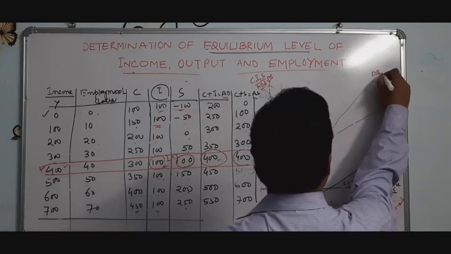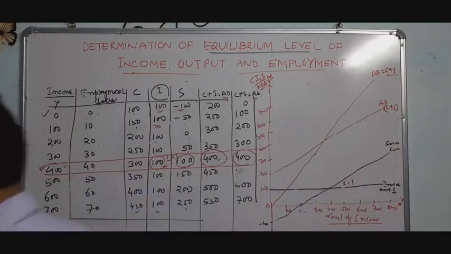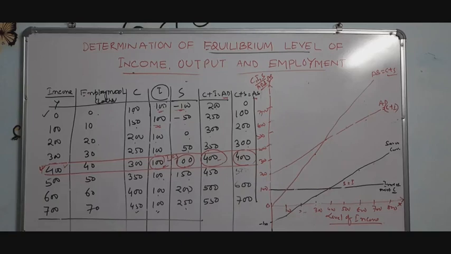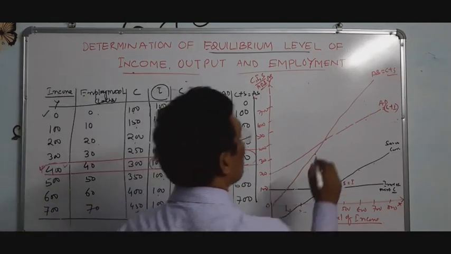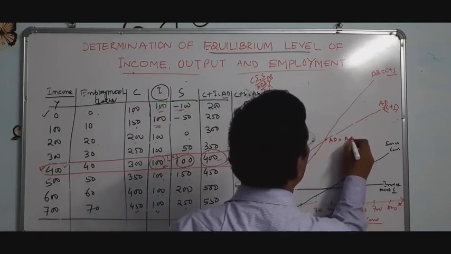The aggregate supply curve, which is that consumption percent. I draw here two lines. One is that aggregate demand curve, another is that aggregate supply curve. AD and AS. Here, this point AD equal to AS.